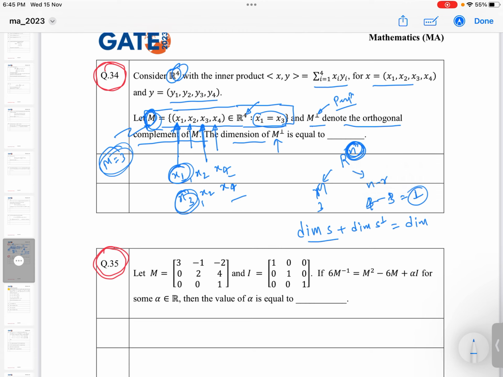So both the dimensions should add to this n. So here M has dimension 3, and we have to find this x, and the total dimension is 4. So x is equal to 4 minus 3, that is 1. So the correct answer for this is 1.